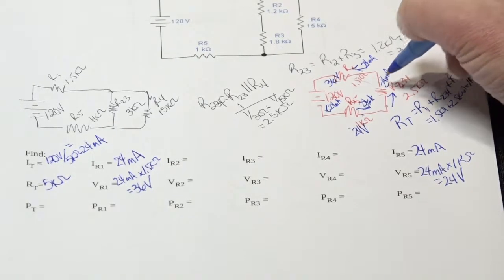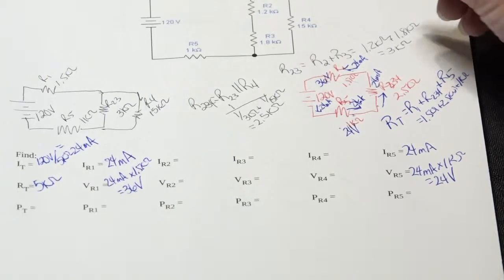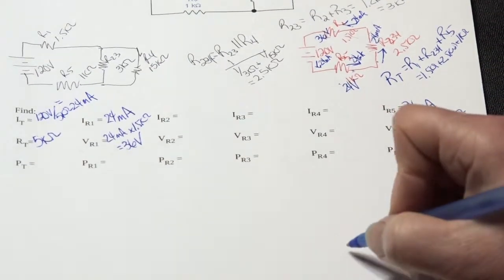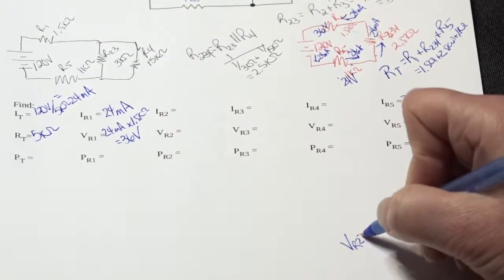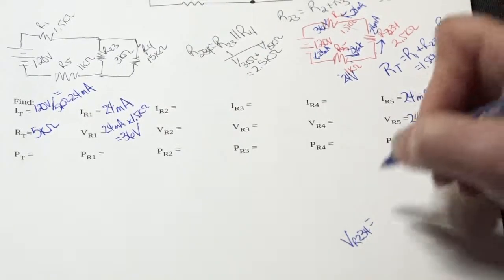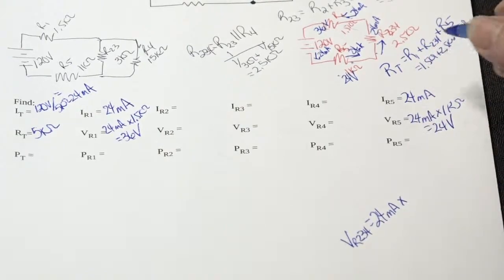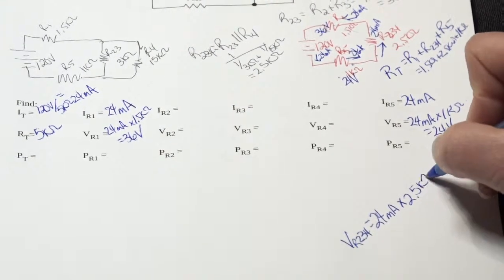Now I can say that 24 milliamps times 2.5K. So let's just go ahead and do that. So I'm going to write it down here. So our voltage across the R2, 3, 4 combination is going to be 24 milliamps times our combination resistor, which is 2.5K ohms.